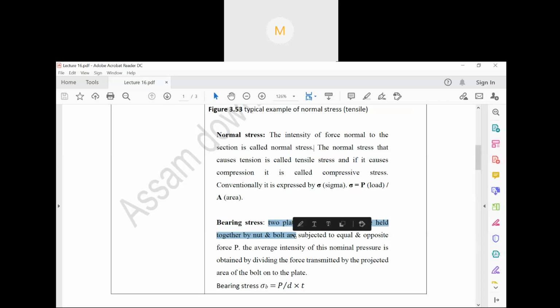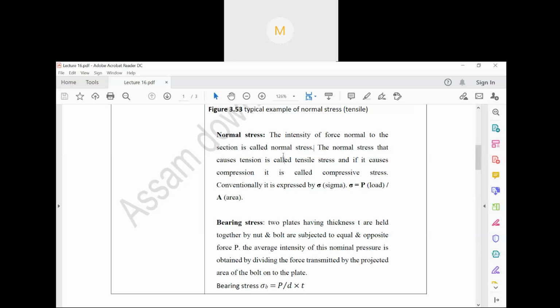Can you give me an example? There are a lot of examples. We use nut and bolt in a bike also. Not bike. Look, you are joining, suppose, two plates. I am not saying about the bike, since those are a different mechanism, no? So can you recall? Suppose I'm telling you an example.